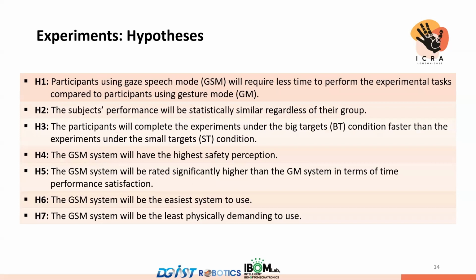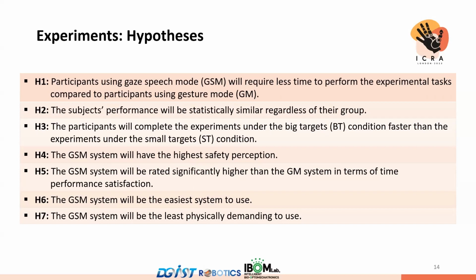Here are all the hypotheses that we saw in this study. Participants using gaze-speech mode GSM will require less time to perform the experimental task compared to the participants using gesture mode GM. The subject's performance will be statistically similar regardless of their group. The participants will complete the experiments under the big targets condition faster than the experiments under the small targets condition.